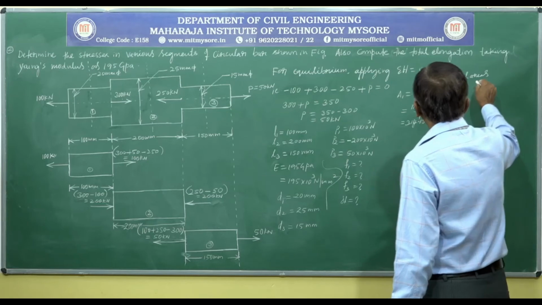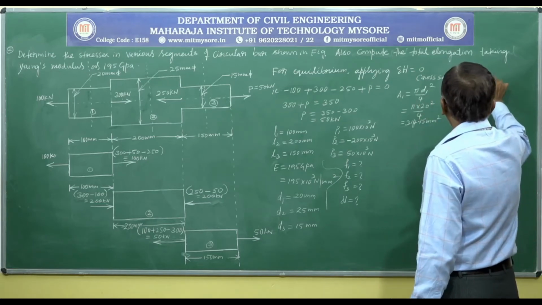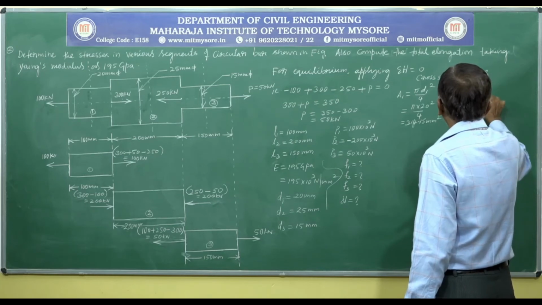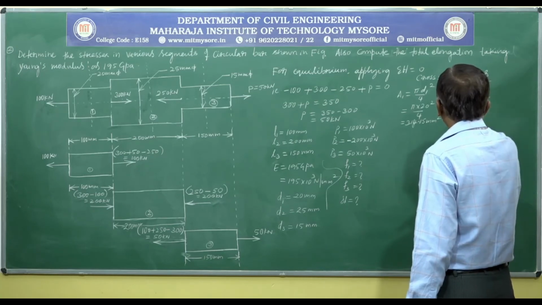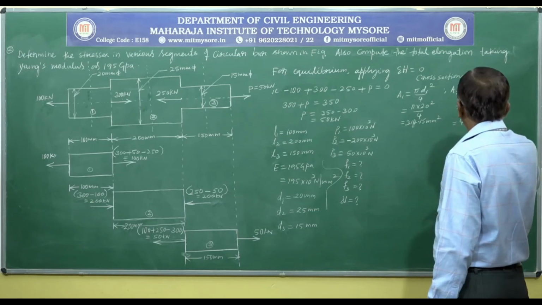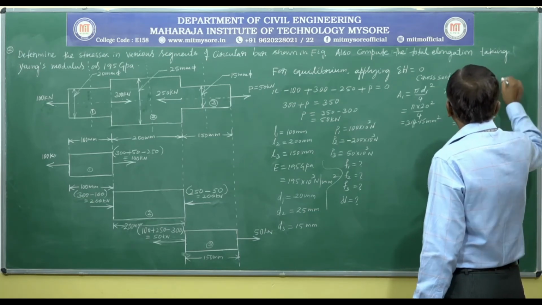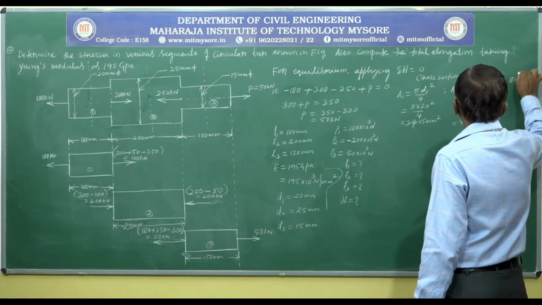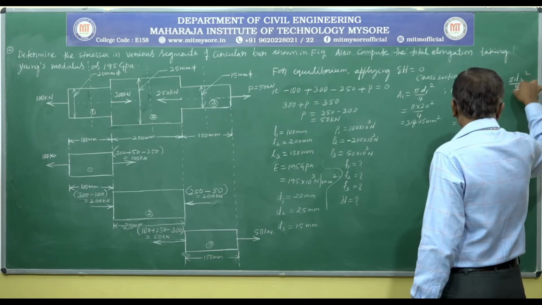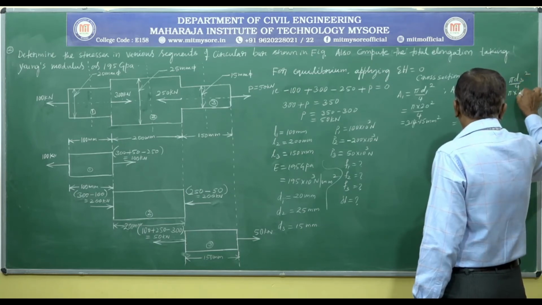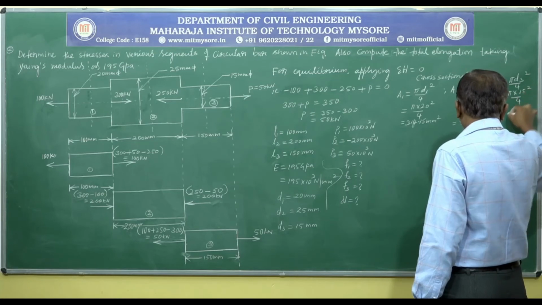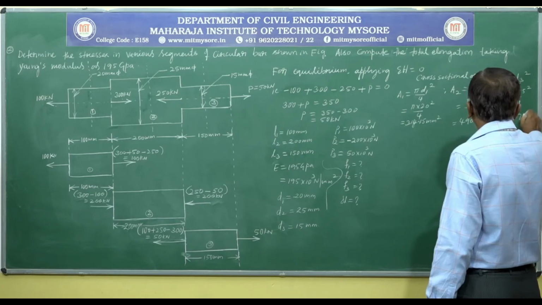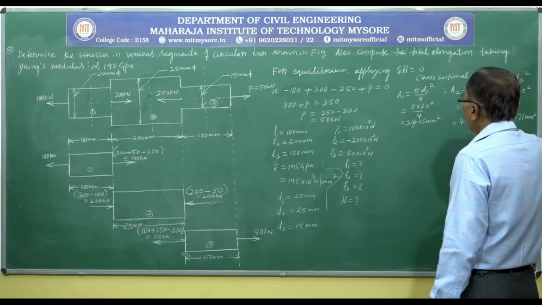A2 is equal to pi d2 square by 4, that is equal to pi into 25 square divided by 4, that is equal to 490.87 millimeter square, and A3 is equal to pi d3 square divided by 4, that is equal to pi into 15 square divided by 4 is equal to 176.71 millimeter square.